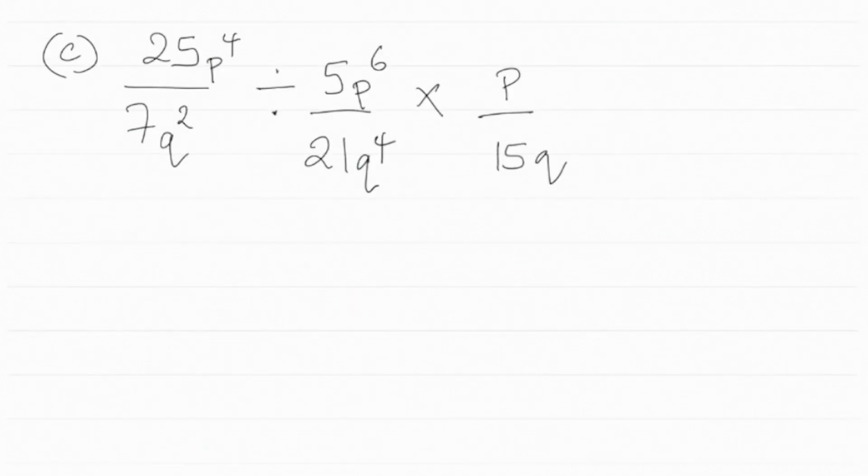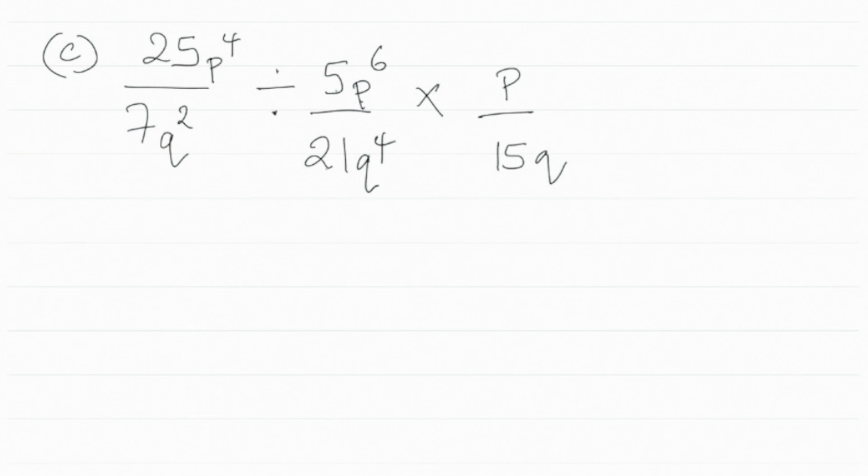So, you can see that we are dividing here, and we are going to change the operation here and interchange 5p to the power 6 and 21q to the power 4.